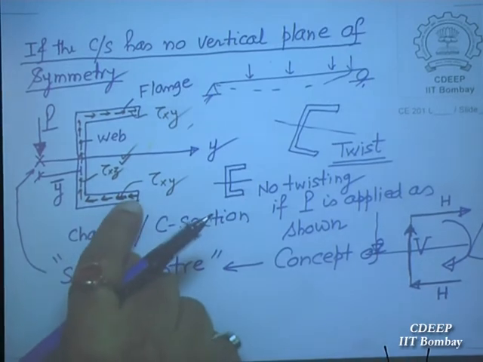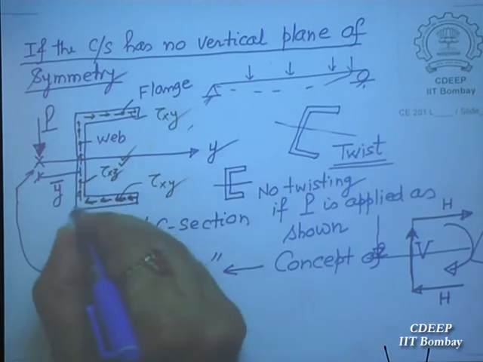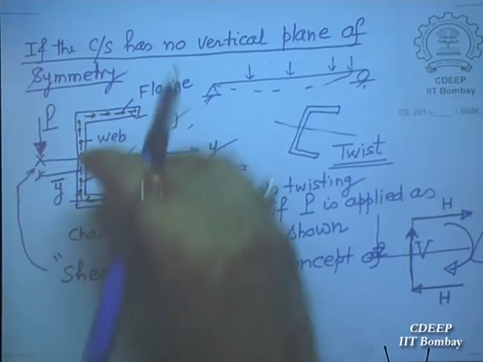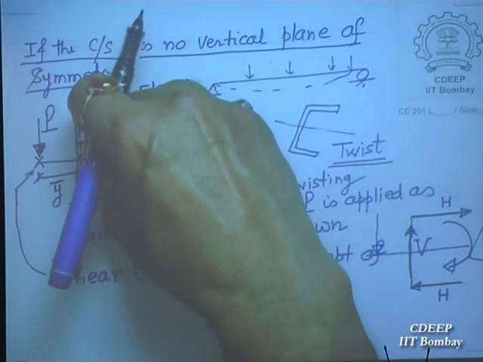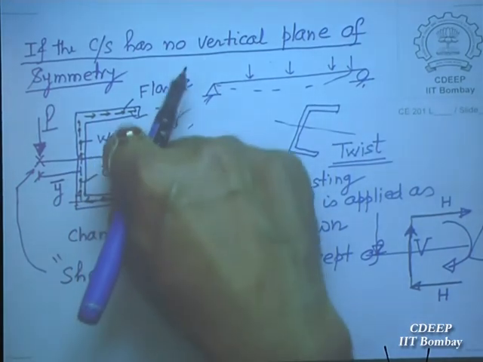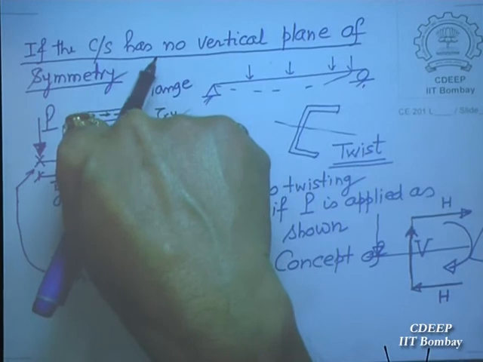The Q will be the first moment of this area about this axis. So I will take this entire area multiplied by the centroid distance, and that will give me the variation of shear stress.